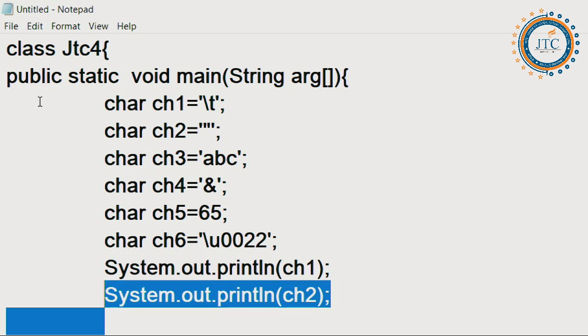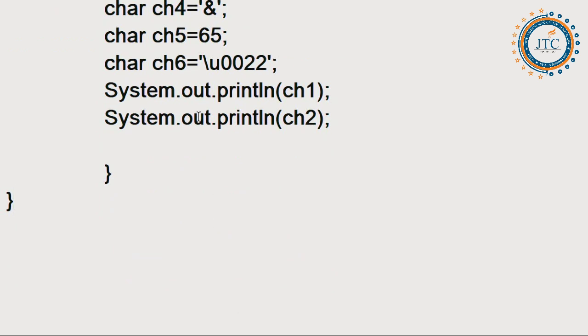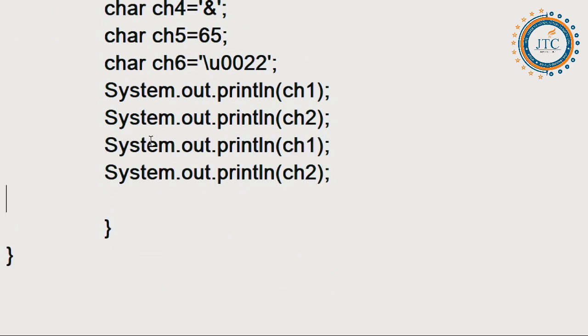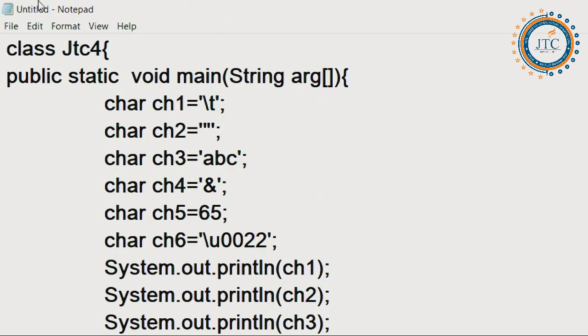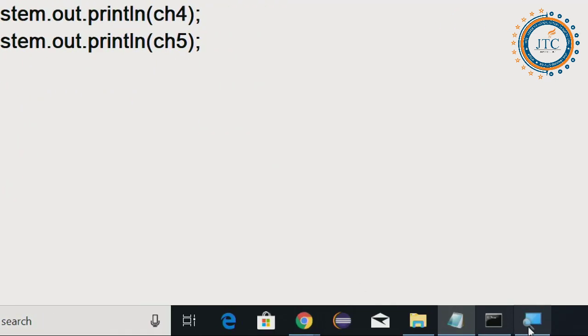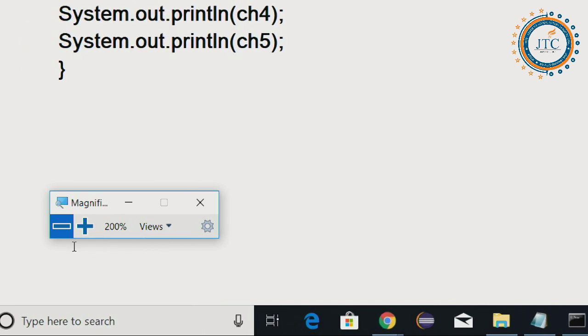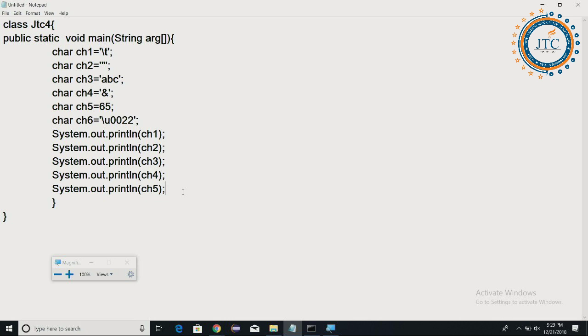Like that, I can just copy it all, and now 3 as well as 4, and one more I am writing, that is 5. This is what I have written into this. Fine. So let's come out of the magnifier.